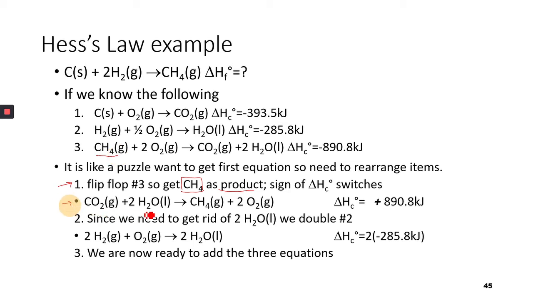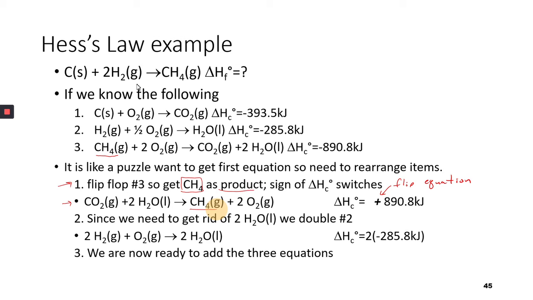I have CO2 plus 2 waters yields CH4 plus O2. Because I flipped the equation around, I have to make my negative 890.8 positive. So now we have our product on the right side.